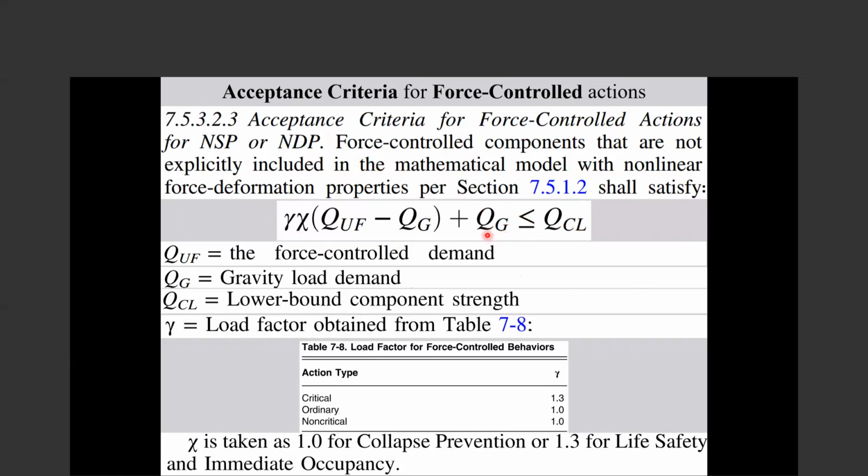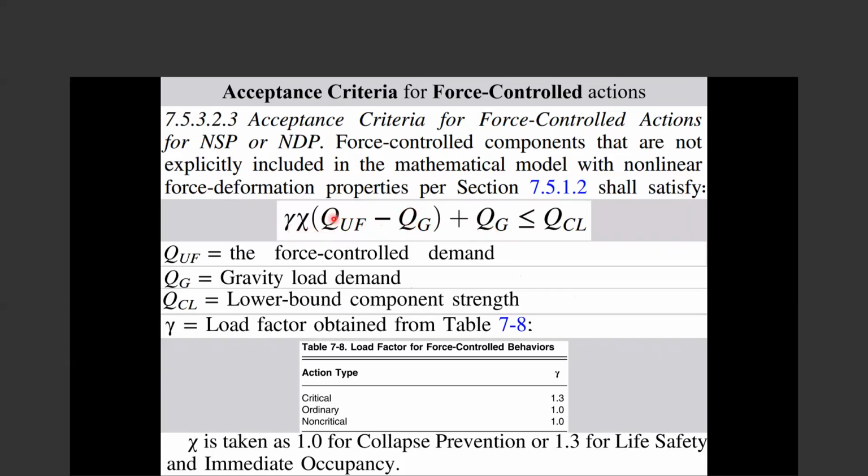They say that from the results that you get from putting both earthquake and gravity, and then you get the shear, for example, in this element, remove the part that is just the gravity load.